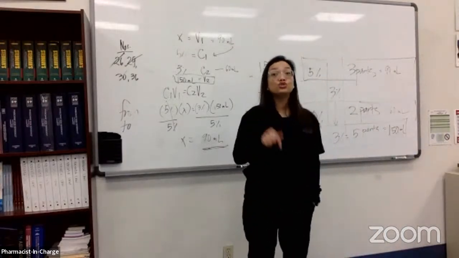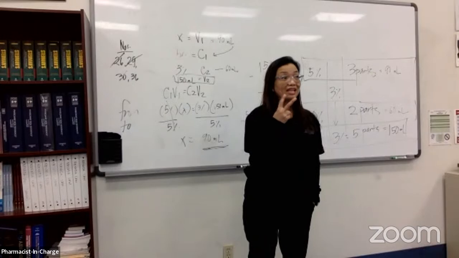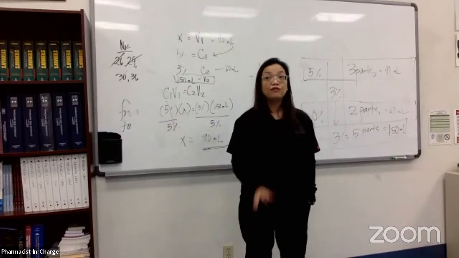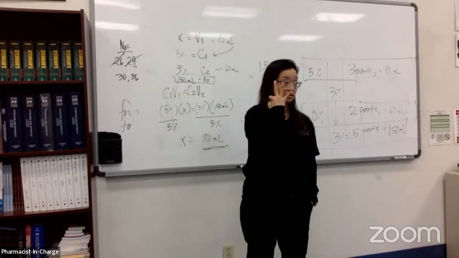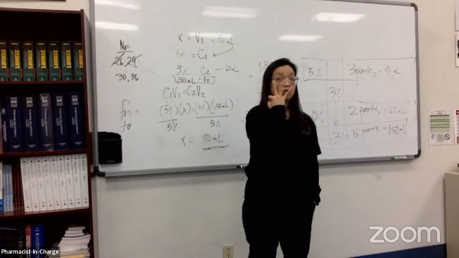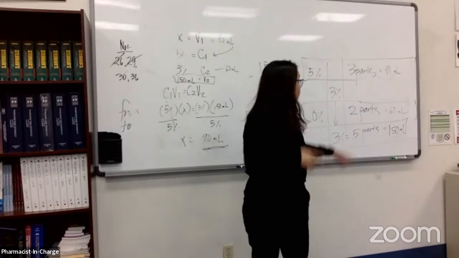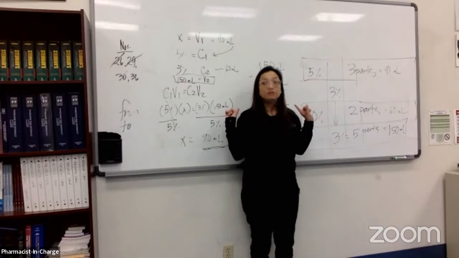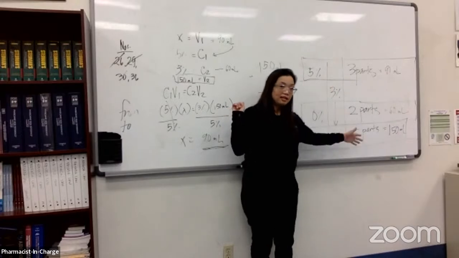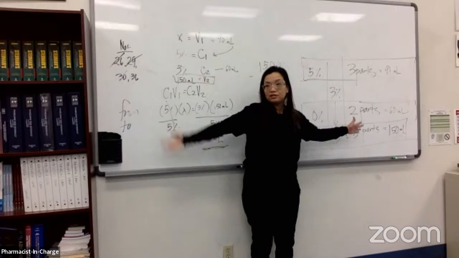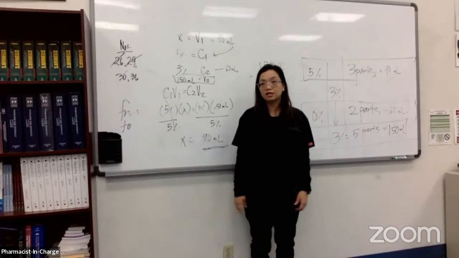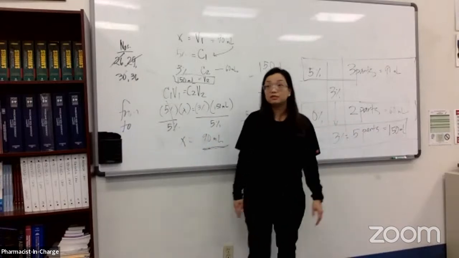If it's a dilution problem where there are only 2 strengths and you need water to dilute it, I use this formula. If there are 3 strengths and water is not one of them, I use alligation. But this just shows and proves to you that you can use alligation, the tic-tac-toe method, even if it's a dilution problem. See that? But you have to use 0% for water, and a pure substance, 100%.